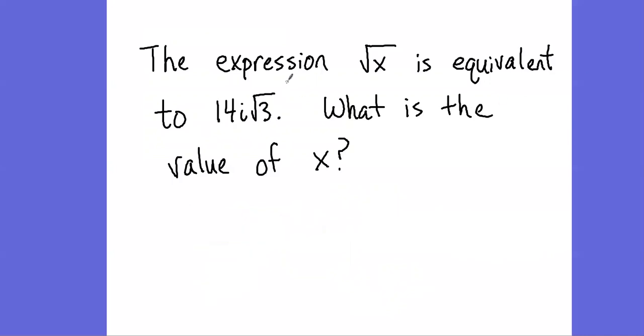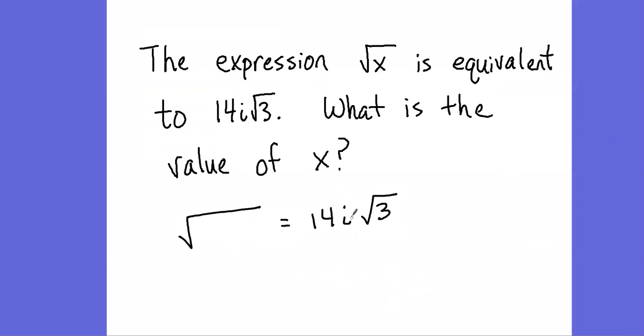Let's do one more of these. The expression root x is equivalent to 14i root 3. What is the value of x? So I'm taking the square root of something, and I want this to be 14i root 3. Same as before.